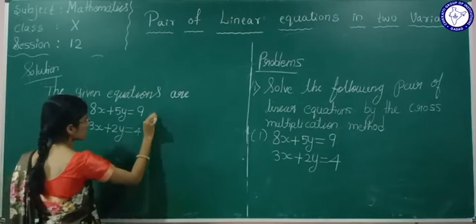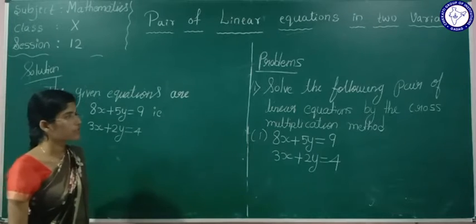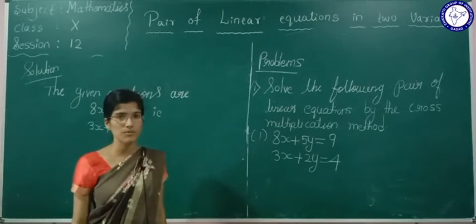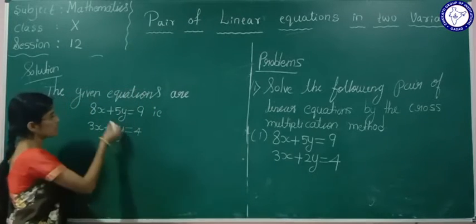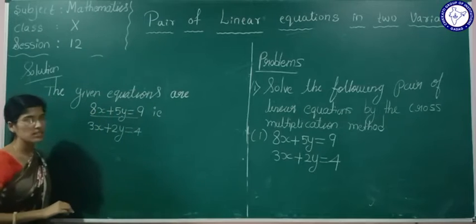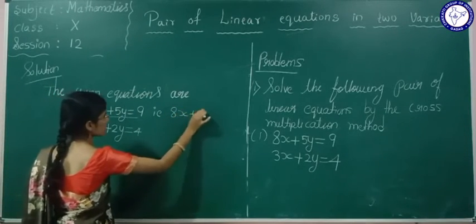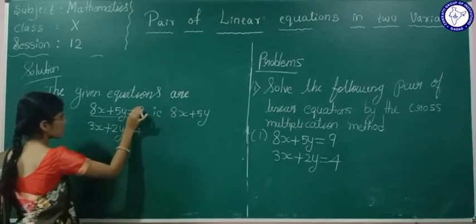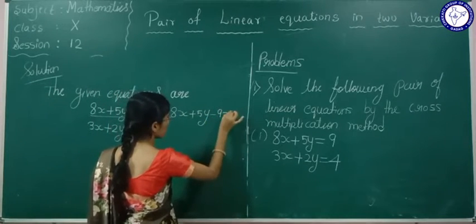Now students, to find the solution of the linear equation, we have to write this equation in terms of 8x plus 5y. I am going to transfer this to the LHS. It will become minus 9 is equal to 0.